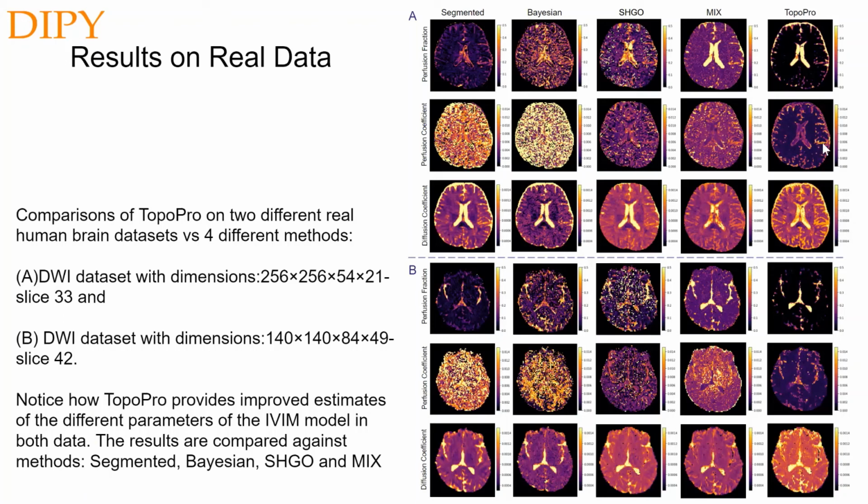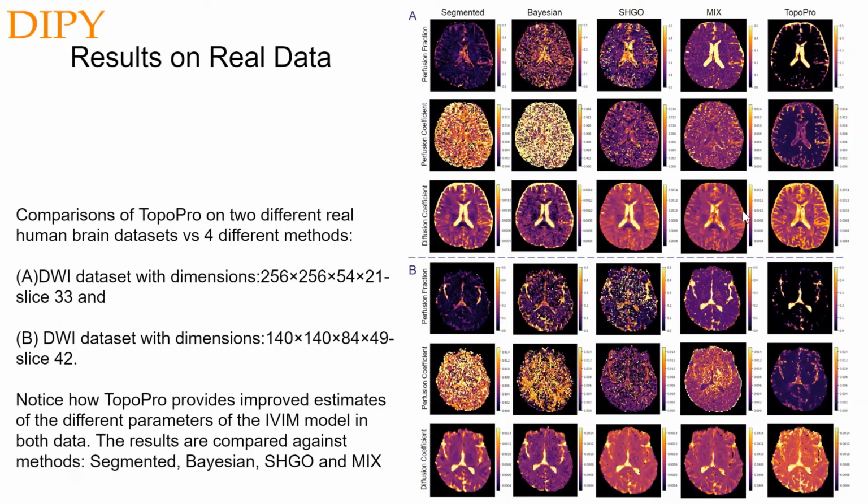I will show the error plots on the next slide. In both cases, in both these data sets, it looks really nice. The first data set that I'm showing has 21 gradient directions, and the second one has 49 gradient directions. And these are the slice numbers that I'm showing over here.